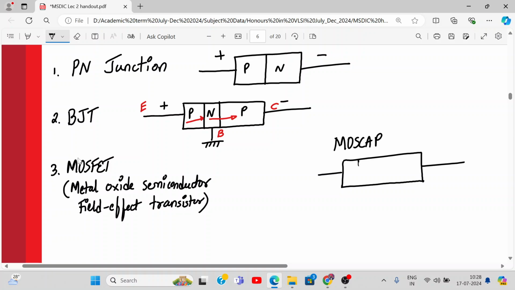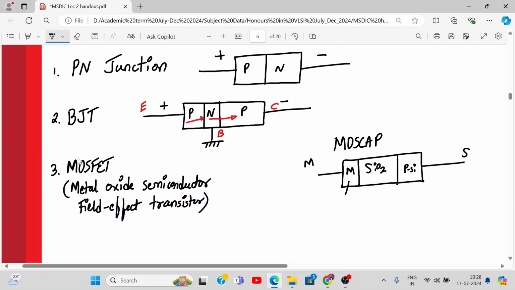Here M is for metal electrode, P is for P silicon semiconductor, and this is an insulator, SiO2. So it's like a parallel plate capacitor. We have two electrodes on two sides. It's a two terminal device. This is metal and this is substrate. So this is a MOS cap.